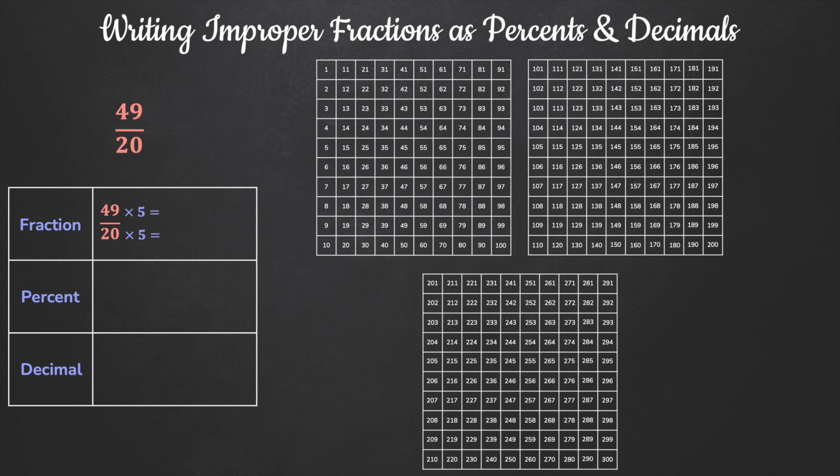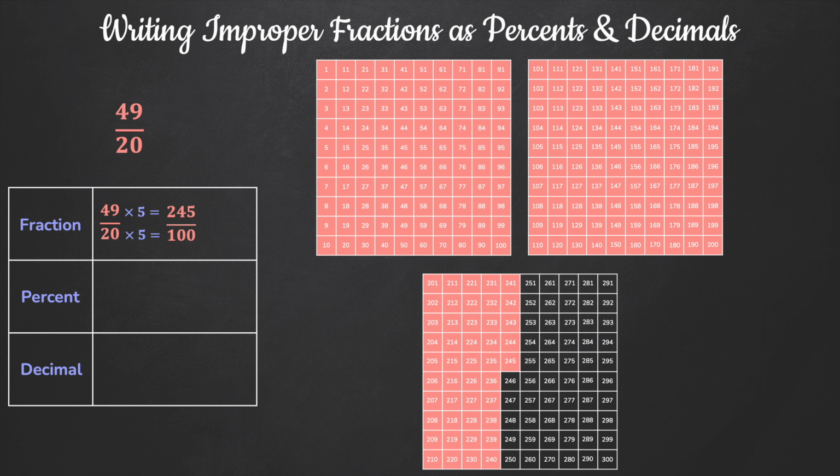So we're going to multiply both the numerator and the denominator by 5. So 49 times 5 is equal to 245, and 20 times 5 is equal to 100. So now we know that we're going to shade in 245 squares because now we have a fraction that's out of 100.